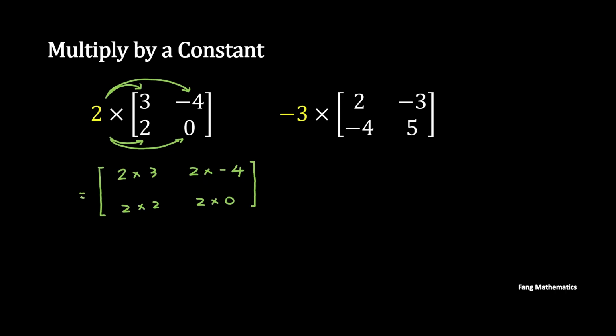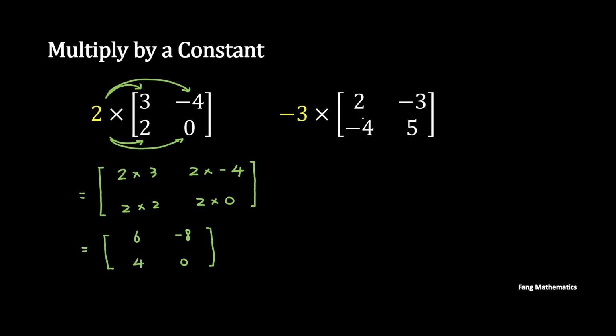And you're required to do the multiplication and get each final entry as a single number. So I believe you should get 6, minus 8, 4, and 0 respectively.